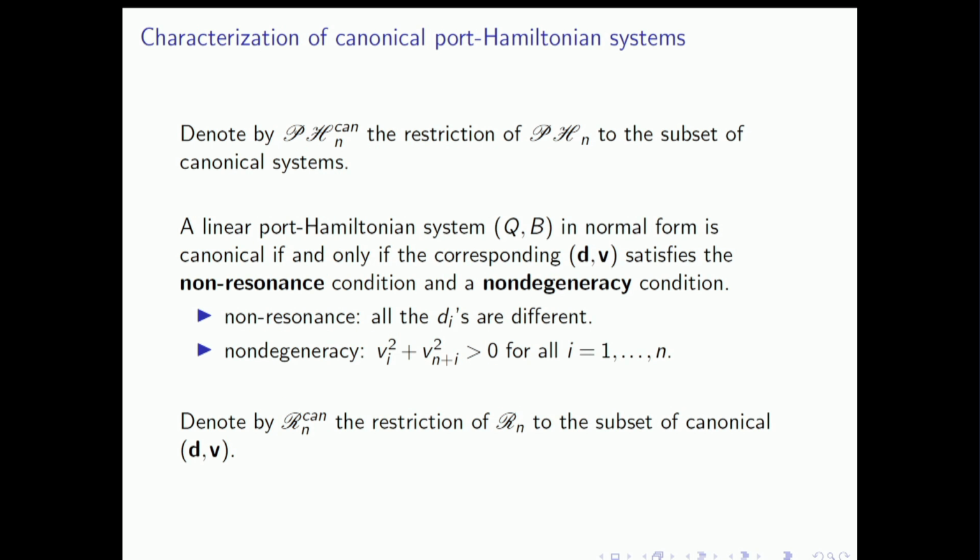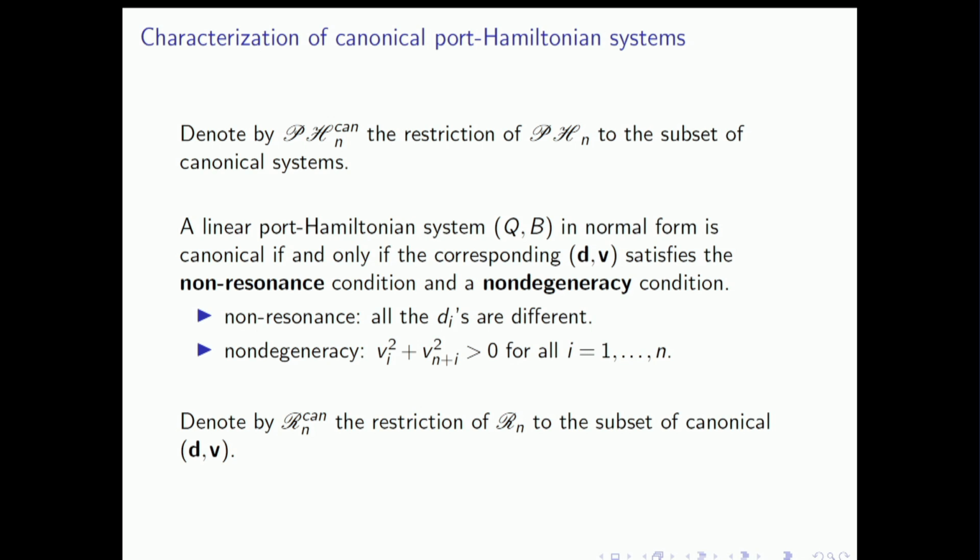So now I'm just going to look at the subset of canonical port-Hamiltonian systems. Remember, these are almost all, these are dense, right? So what is canonical? I can characterize it by looking at D and V. So what is a canonical Q and B? You just look at it as D and V. If all the D's are different, which is known as a non-resonance condition in dynamical systems, and if your V, which is 2n dimensional, satisfies Vi squared plus V(n+i) squared strictly larger than 0, then I can show that it corresponds to a canonical system.